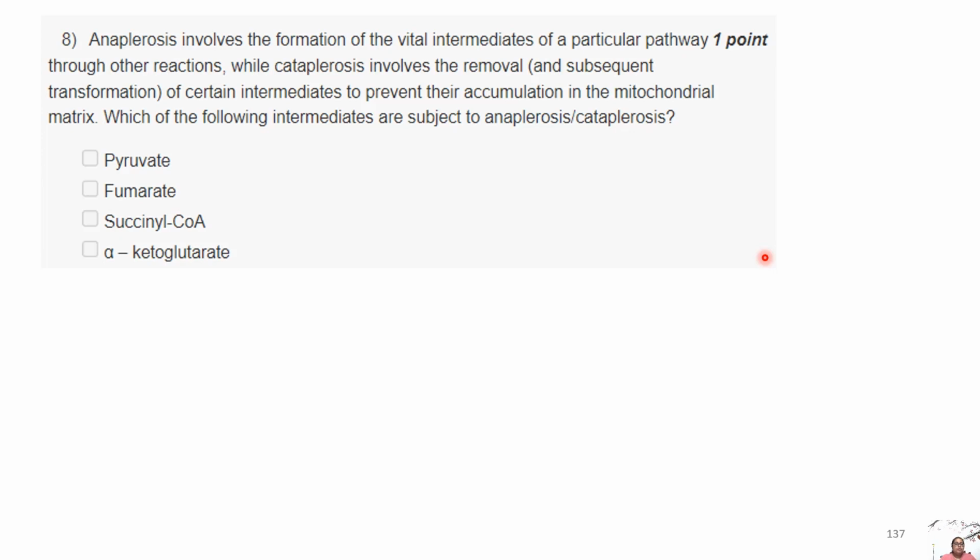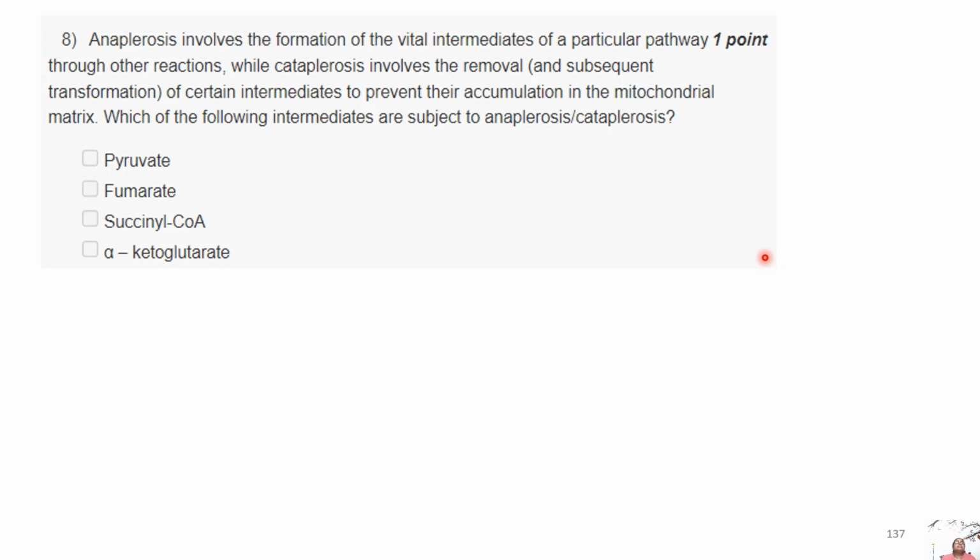Okay. Moving on to the next question for today. Anaplerosis involves the formation of the vital intermediates of a particular pathway through other reactions, while cataplerosis involves the removal and subsequent transformation of certain intermediates to prevent their accumulation in the mitochondrial matrix. Which of the following intermediates are subject to anaplerosis or cataplerosis?